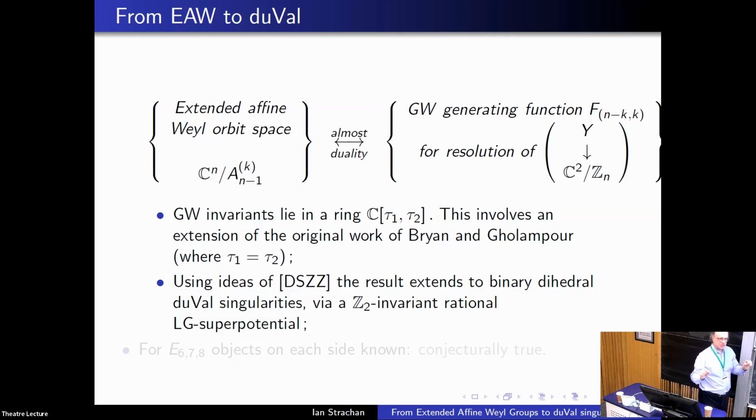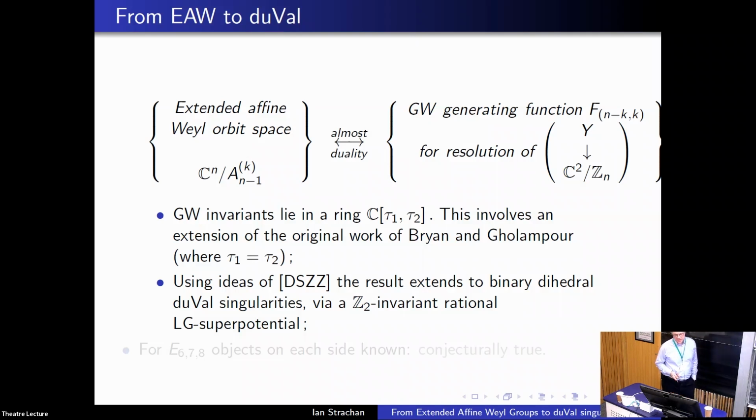But in the original construction, for all other Weyl groups, they could only get the construction to work for a specific marked node. A few years ago, Dubrovin, Zhang, myself, and Dafeng Zhang extended the results for the classical cases to an arbitrary marked node, and then you can do all this construction again and extend everything to binary dihedral Du Val singularities. And the essential part is in the superpotential. It's a function not of z, but of z squared. So you get this extra Z2-invariant rational Landau-Ginzburg superpotential.